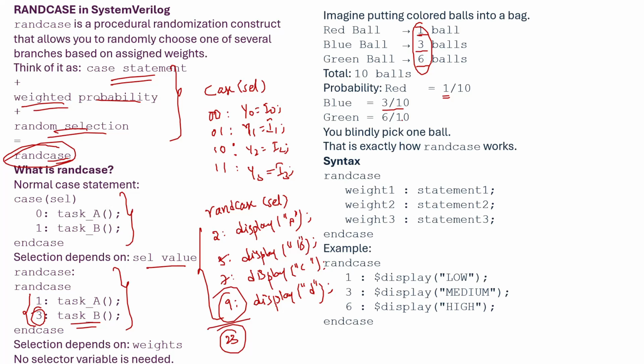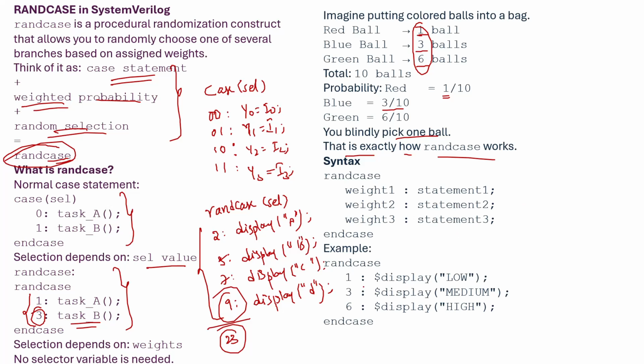Same way, you blindly pick one ball. This is exactly how rand case works. Based on the weights, you are picking randomly, and those having more weights, more colored balls, get more chance to appear at the output side.